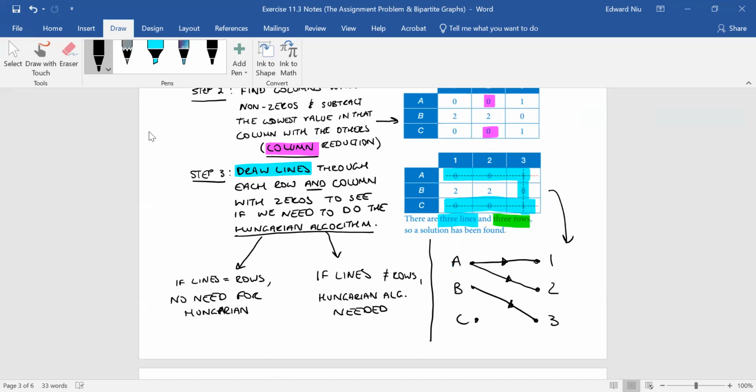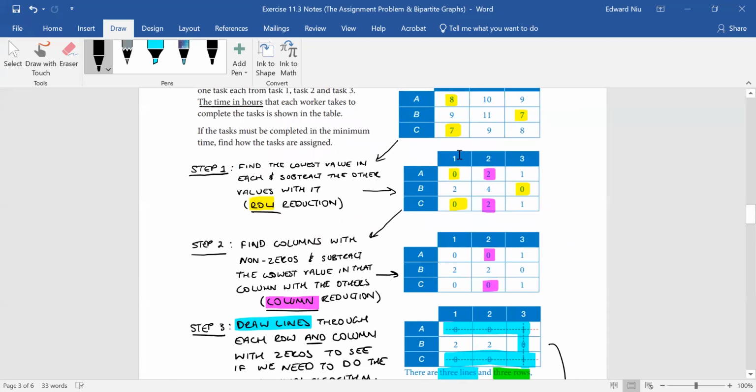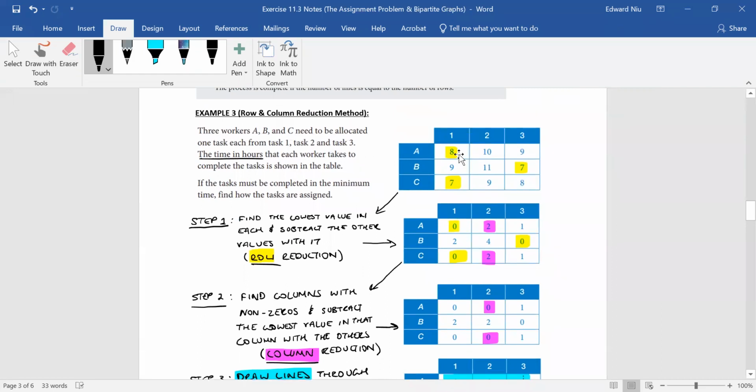And then C can do jobs 1 and 2. And then it asks the minimum time it takes to complete.